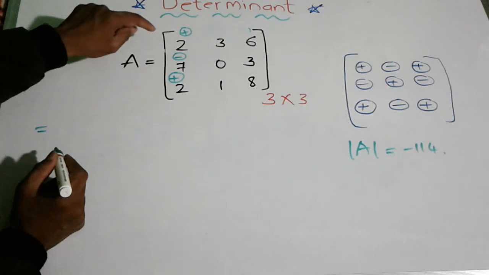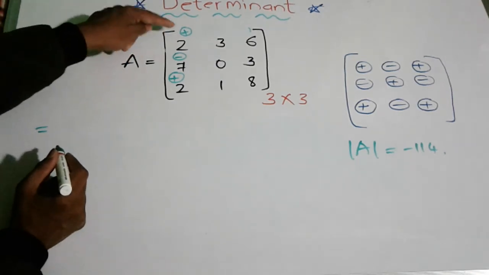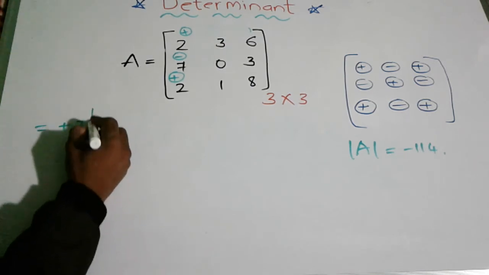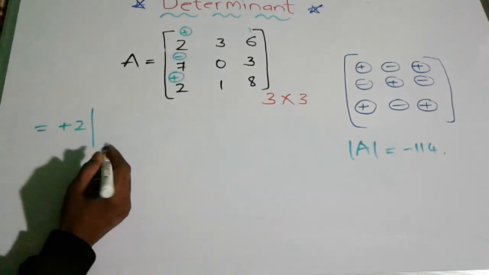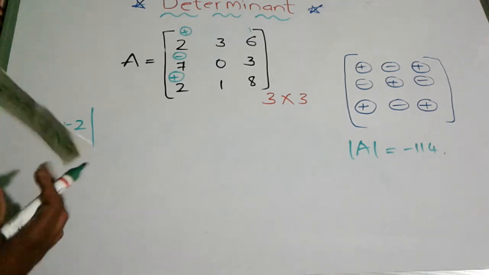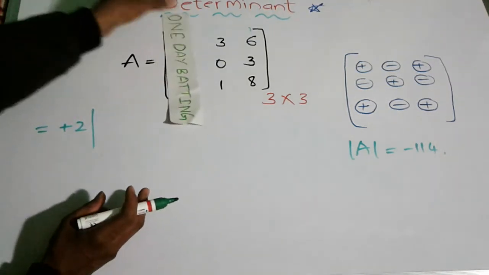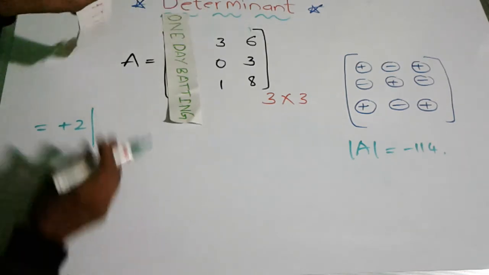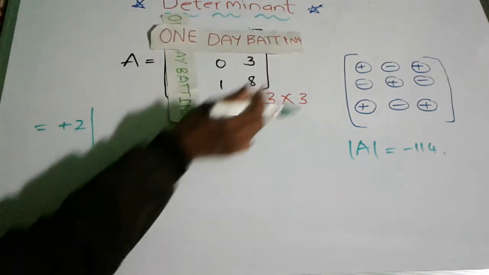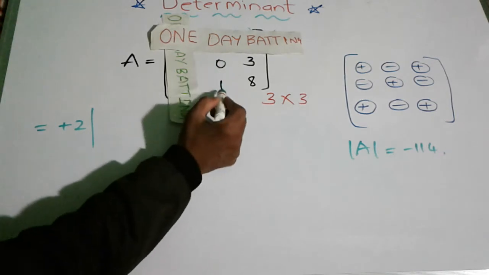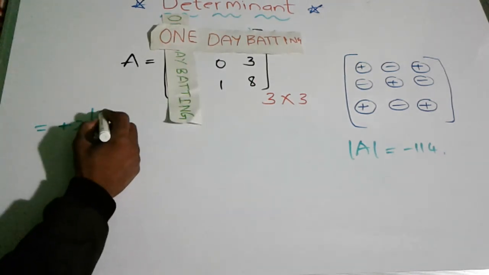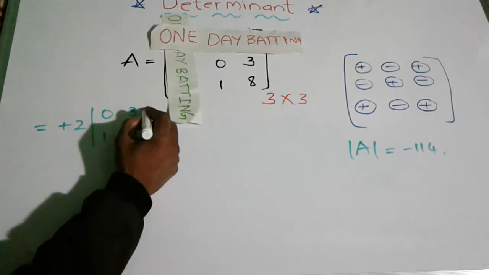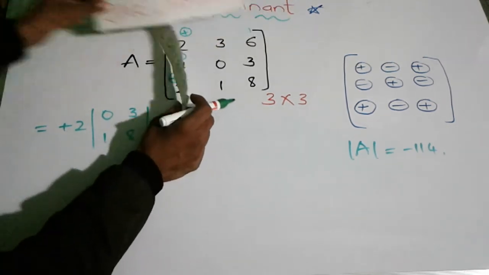First I take this 2 element with positive sign, so I am taking plus 2, and first of all we hide these column elements and row elements. Then we get 0, 1, 3, 8 as the 2 by 2 matrix. Then I am removing this.